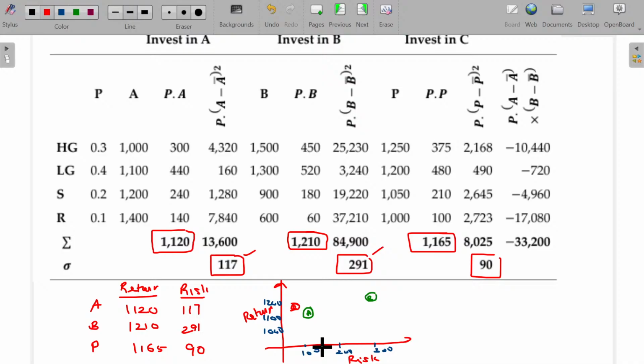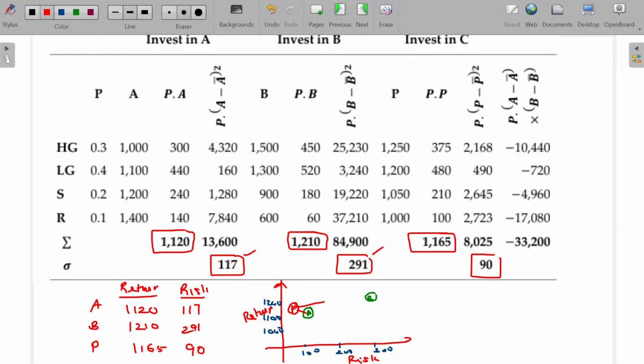See, the portfolio moves closer to the y-axis, stating that risk is lesser, and moves away from the x-axis compared to A, showing that it is more returnable.